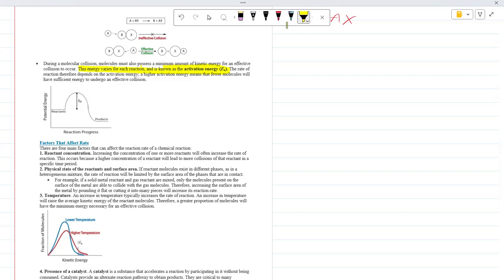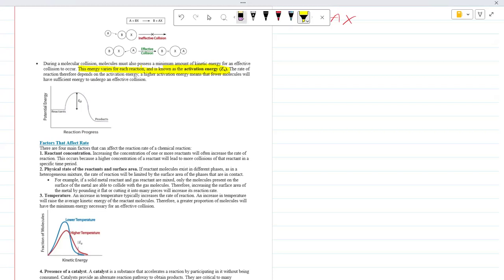There's a certain amount of energy that's needed when they collide for this to occur, for the bonds in the reactants to break, and then to form new compounds. Now, the rate of reaction, therefore, depends on the activation energy. A higher activation energy means that fewer molecules will have sufficient energy to undergo an effective collision.